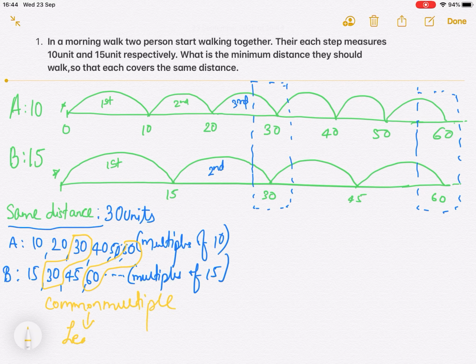That means we had to find the least common multiple. So all of this actually comes out to be LCM. So 30 is nothing but the LCM of 10 and 15. This example actually helps you understand or visualize what LCM actually is.